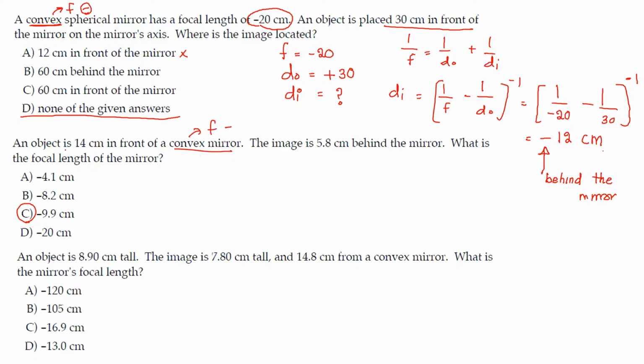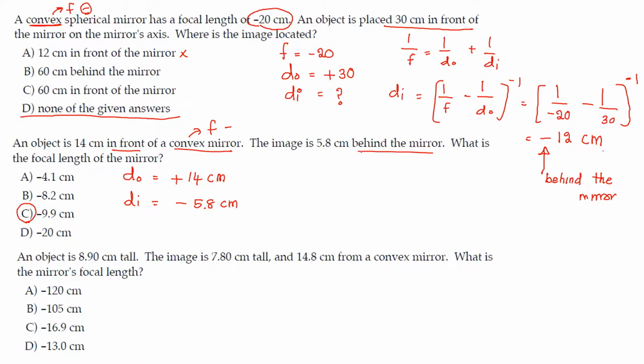In front means D naught is positive 14 centimeters. The image is 5.8 behind the mirror. Behind means negative 5.8.